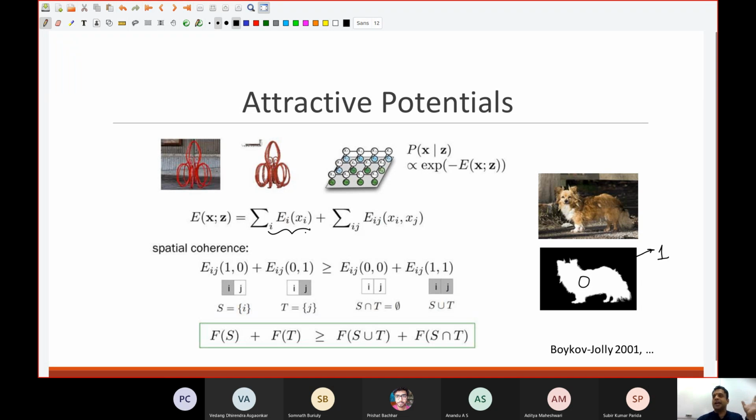E_i(x_i) is saying that if pixel x_i does not resemble a dog, it doesn't look like any part of a dog, for example, then that is penalized. That's fine, that is important, but that's just modular. This is a modular part.